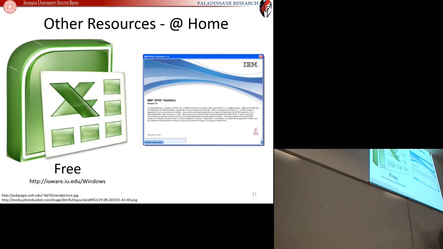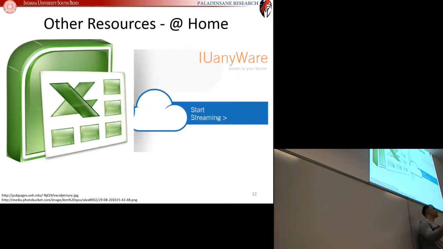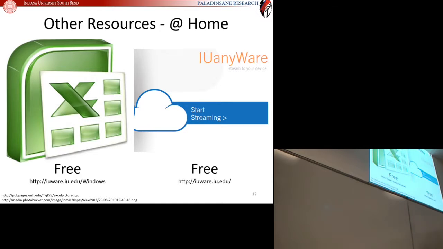So Excel you can actually install for free at home. There are various different versions of it, I believe. But SPSS, you actually cannot install on your home computer, but you can communicate with our servers here using IU Anywhere, and that is the system by which you can access it. So I just want to be sure that you're aware of that. We'll go through how to sign in to IU Anywhere today.